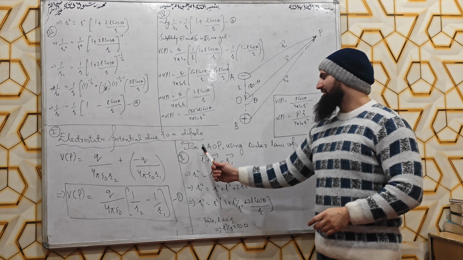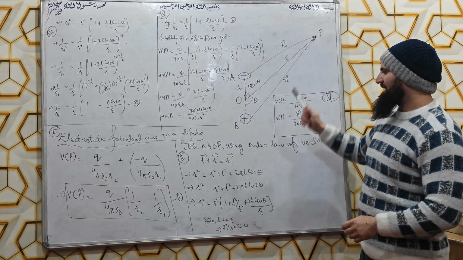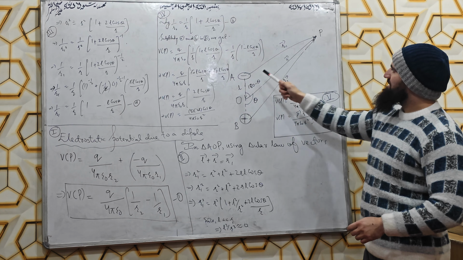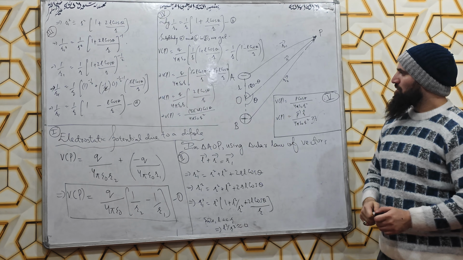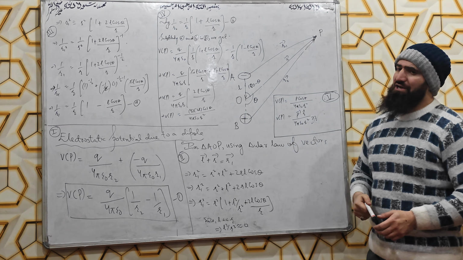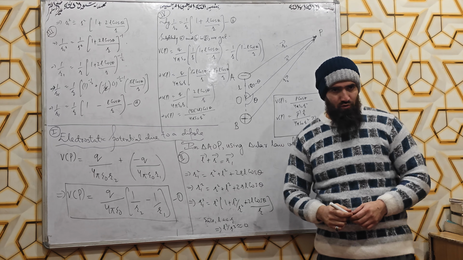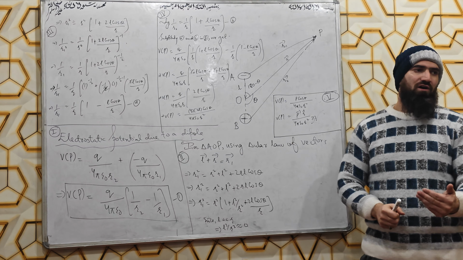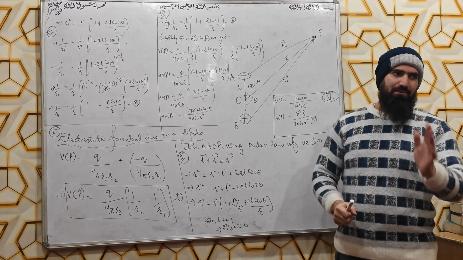How will we do that? In triangle AOP, using the triangle law of vectors, L vector plus R vector is equal to R1 vector. Why? Because according to the triangle of vectors, the sum of two sides of the triangle representing two vectors is equal to the third side of the triangle, but taken in the opposite sense.